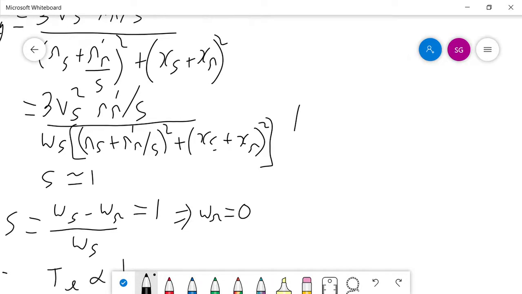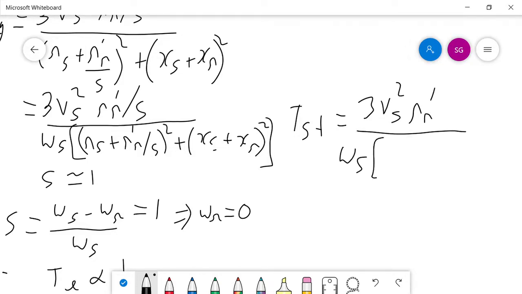So we are talking about T starting, which will be 3 Vs square Rr dash upon omega s, times (Rs plus Rr dash) whole square plus (Xs plus Xr dash) whole square.